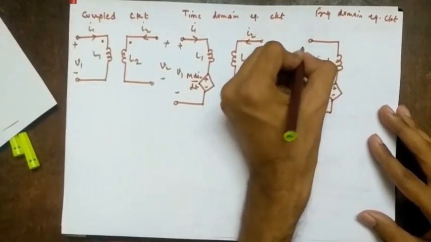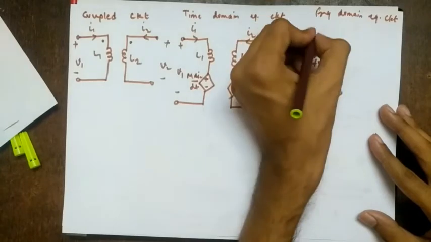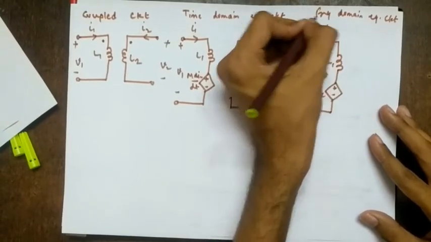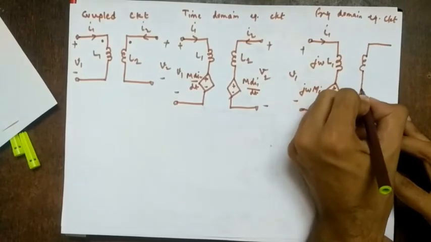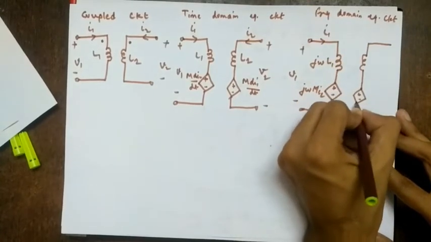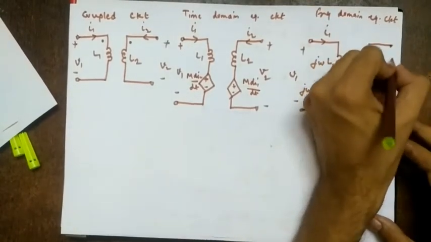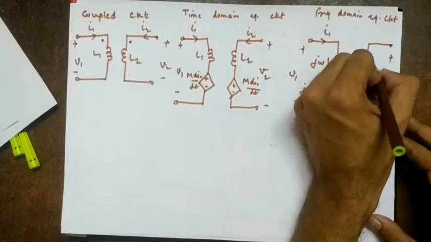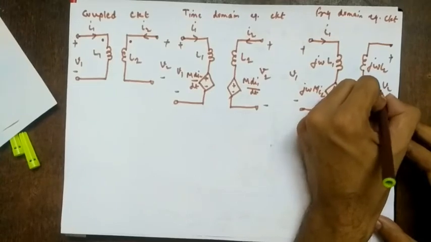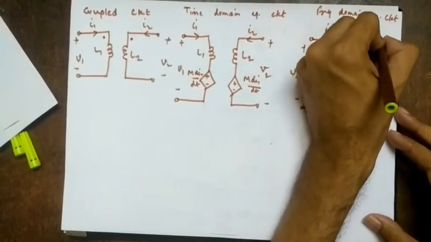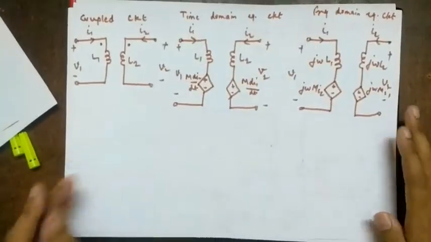So this is plus minus V1, I1, plus minus V2, j omega L2, j omega M I1. So this is I2, right?